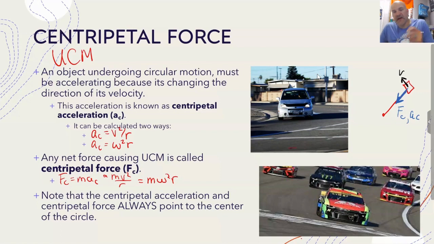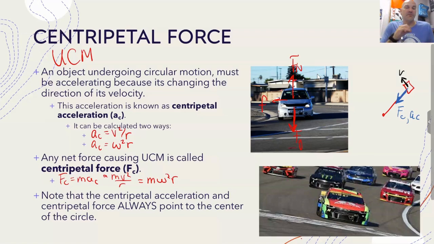Some of the most common questions, aside from just spinning objects over your head, are cars taking a turn. If I'm doing a free body diagram of the first car here, and this is on a flat surface, I'm going to have my two traditional ones, F n and F g, and then I'm going to have probably friction in here.